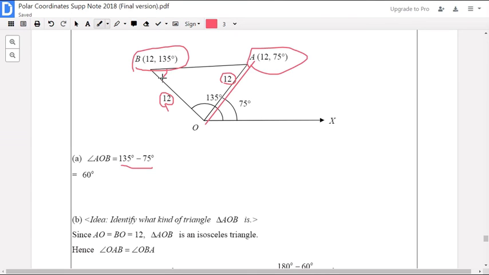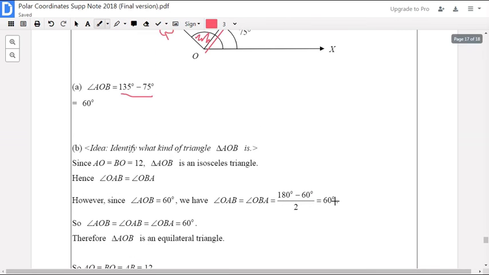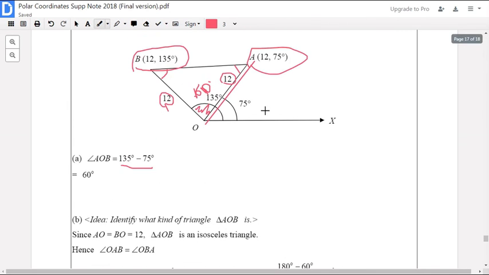So their base angles must be the same. Angle OAB must be the same as angle OBA. And because the angle we found in part A is 60 degrees, the two base angles must be 60 degrees also.